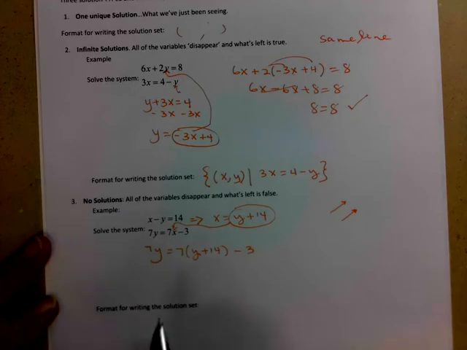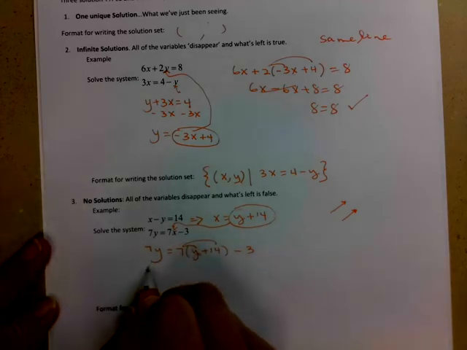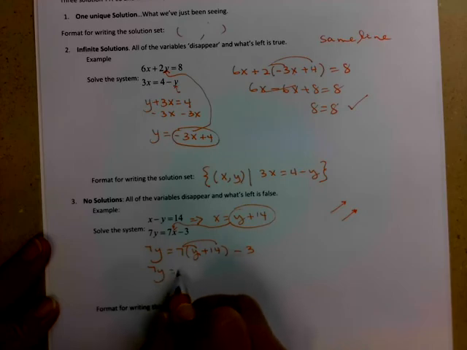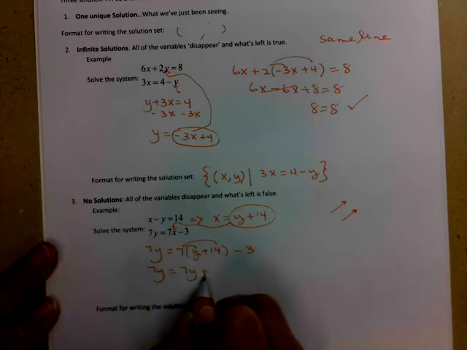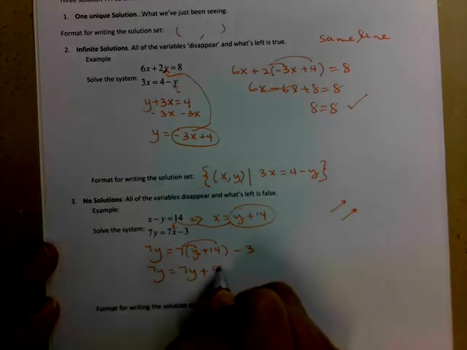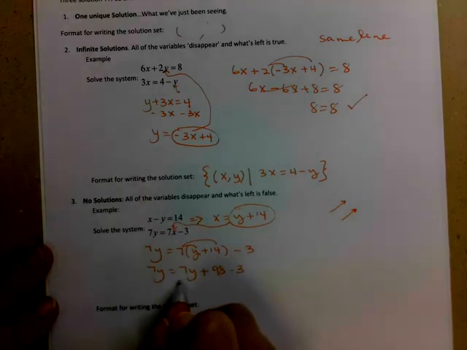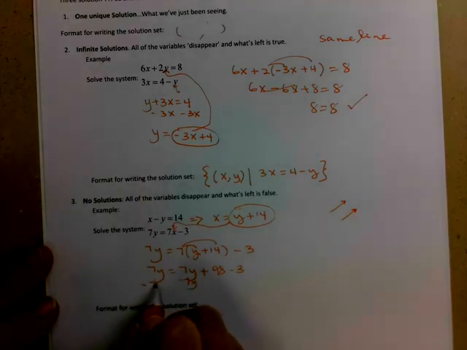Go ahead and solve, right? One equation, one unknown, that's good. So we're going to try to solve for y. So I'll distribute the 7: 7y plus, let's see, what is 7 times 14? It is 98. Minus 3. Gather your y's on one side, so subtract 7y.